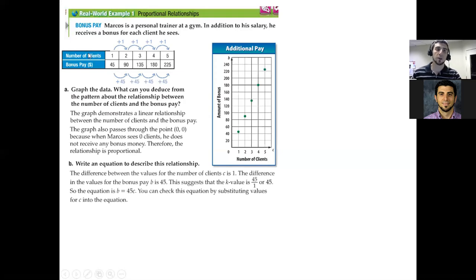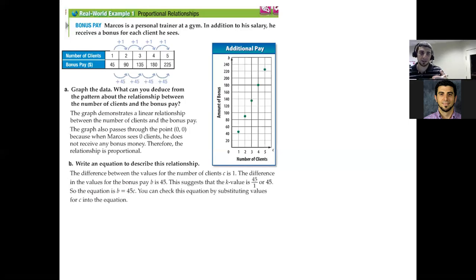If you look up here, as the clients go up by 1, the difference in values for bonus pay is 45. That suggests that the slope, or the k value, is 45 over 1, or just 45. So the equation could be bonus equals 45 times the number of clients, or b equals 45c. Or if you wrote it with x's and y's, it'd be y equals 45x.